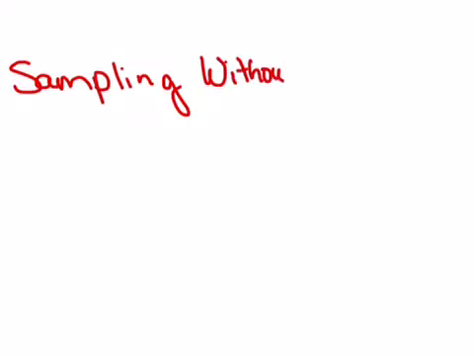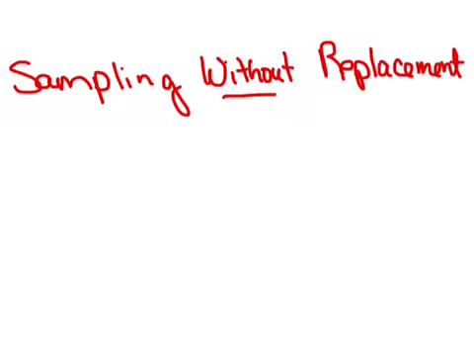So sampling without replacement, that's the key. And the key to this is that probability will change.